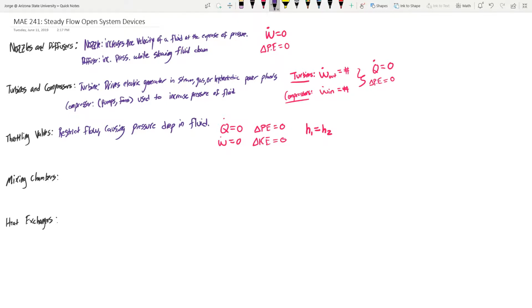So mixing chambers are referred to as the sections where the mixing process of two fluids takes place. So this is just the mixing process of two fluids. So I mean, you could think of this as like a T interchange.